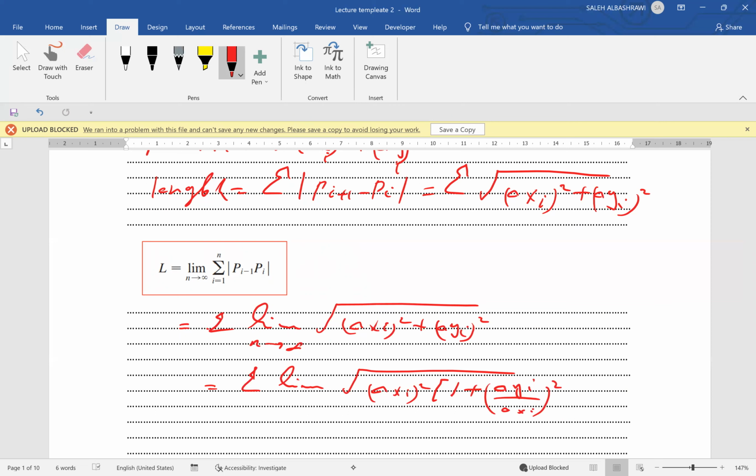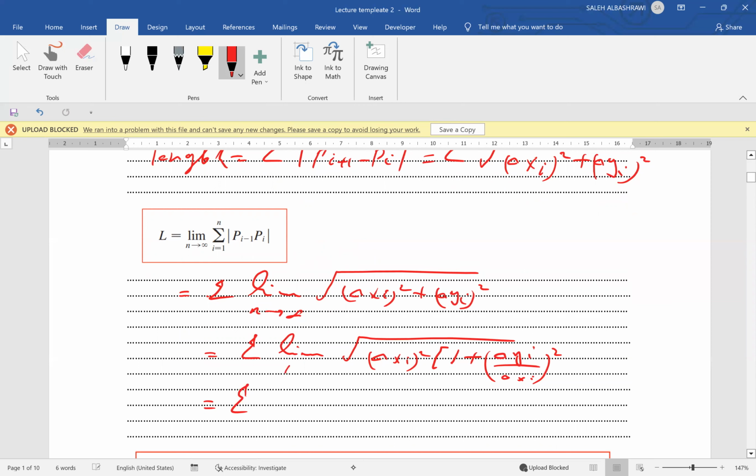This can be written also as the sum. I will take delta x outside, and since n goes to infinity, I will have the limit of the sum of square root of 1 plus delta y over delta x squared, multiplied by delta x.